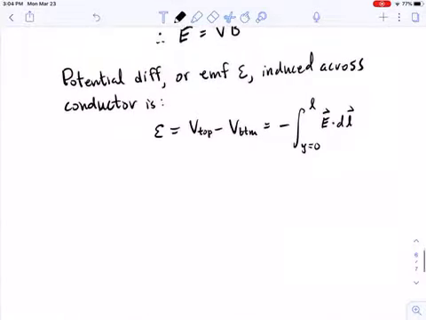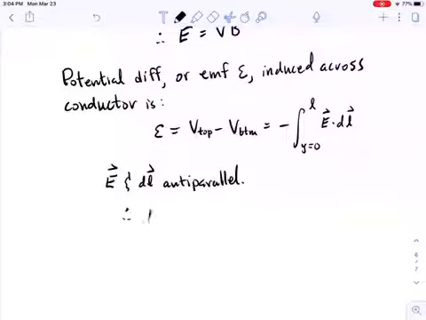Therefore, E dot dl is equal to E dl cos of 180 degrees, which is a -1 for that cosine.